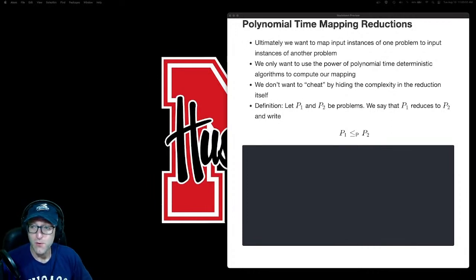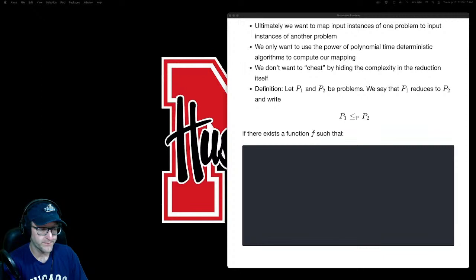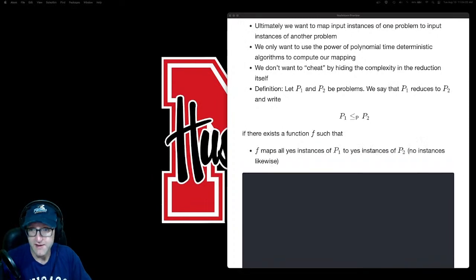We say that P1 reduces to P2, and we write P1 is less than or equal to, with a subscript P there, P2, if there exists a function f such that f maps all yes instances of P1 to yes instances of P2, and no instances likewise. So in other words, it preserves solutions.